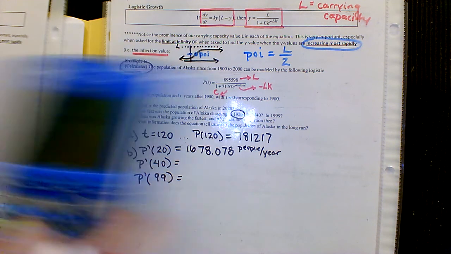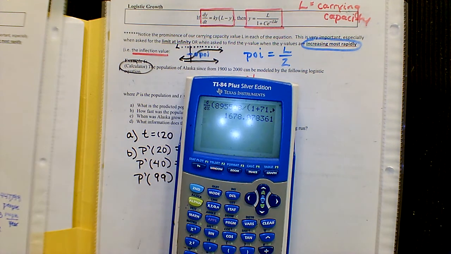All right, so we're just going to repeat the process for the other values. Maybe you want to use the entry capability on your calculator. If you hit second enter, it'll bring up the last thing you typed in. And that's convenient because instead of plugging in 20, we just want to plug in 40. We're going to change one number. And you can hit enter and it'll give you your new rate.